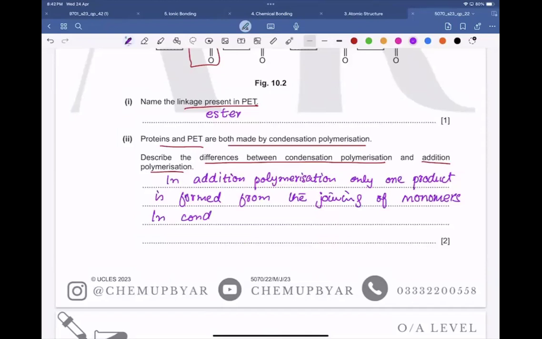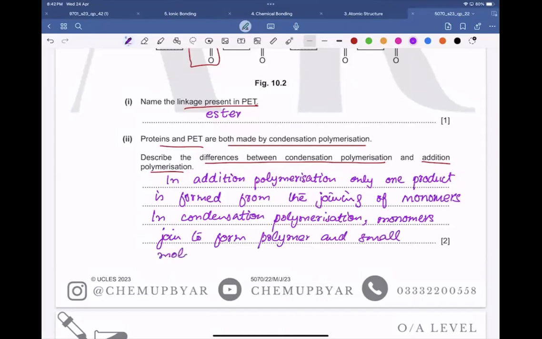In condensation polymerization, monomers join to form polymer and a small molecule such as HCl or water is formed.